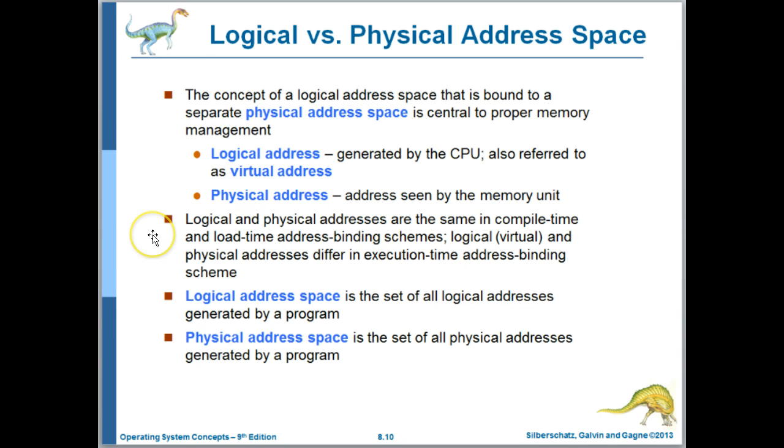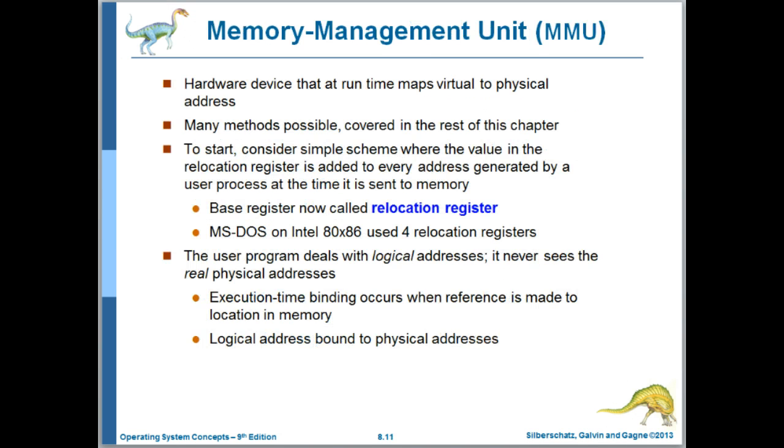There is no translation occurring if we do binding at compile time, link time, or load time. Logical and physical addresses will only differ if we perform the binding at execution time. So a memory management unit, or MMU, sits between the CPU and its address bus and the memory and performs this translation.